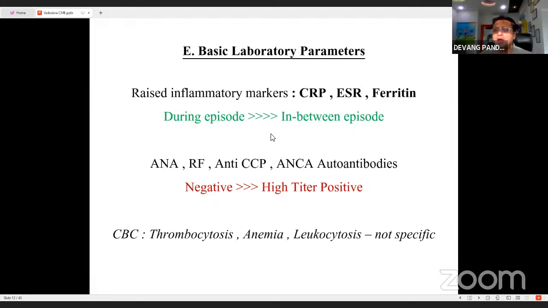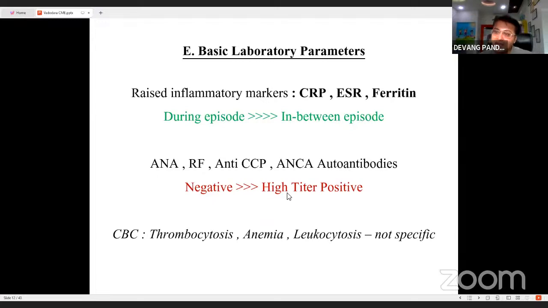Now, in any PUO case, we sometimes send some autoantibodies to rule out or rule in some diseases. Like ANA, rheumatoid factor, anti-CCP, and ANCA antibodies. Usually, as we discussed, this is typically a disorder of the innate immune system, so these antibodies usually come negative in autoinflammatory diseases.